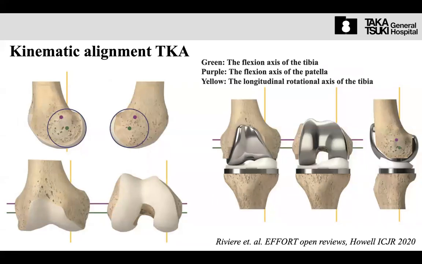But the concept is a little bit changed in the kinematic alignment TKA. So as a result, if we replicate the patient's native joint surface, this movement can be induced automatically. But in fact, due to some reasons, one reason is ACL sacrifice, and the other is the difference among patients in the characteristics of the kinematics.